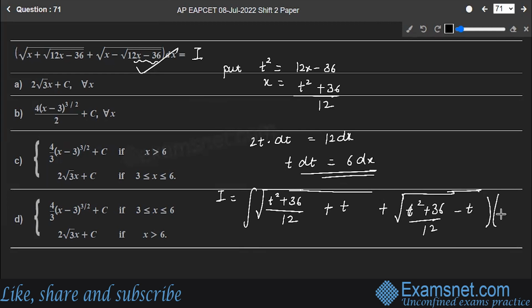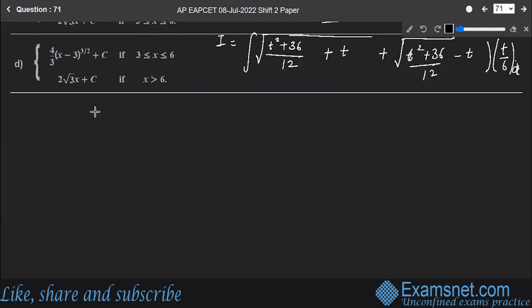This whole into t by 6 into dt. So let's solve this integral further.